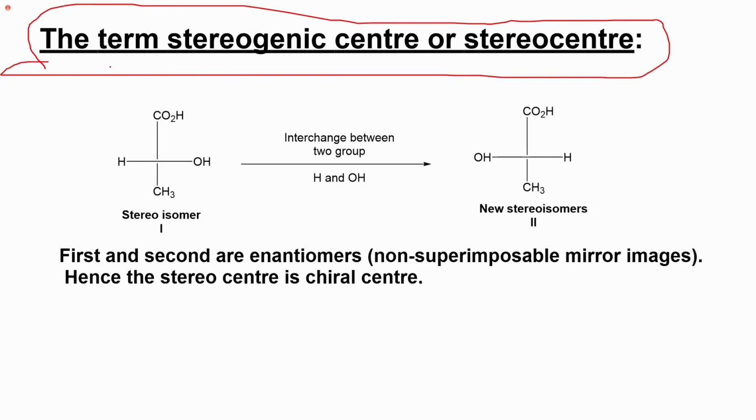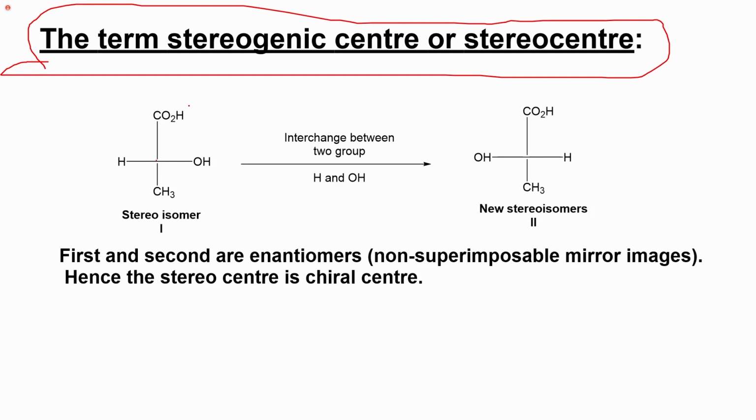The definition says, to confirm whether a carbon center is a stereogenic center or not: let's say one carbon contains four different atoms or groups. If we interchange two of them, and if we get a new stereoisomer, then only can we say this center is a stereogenic center or stereo center.